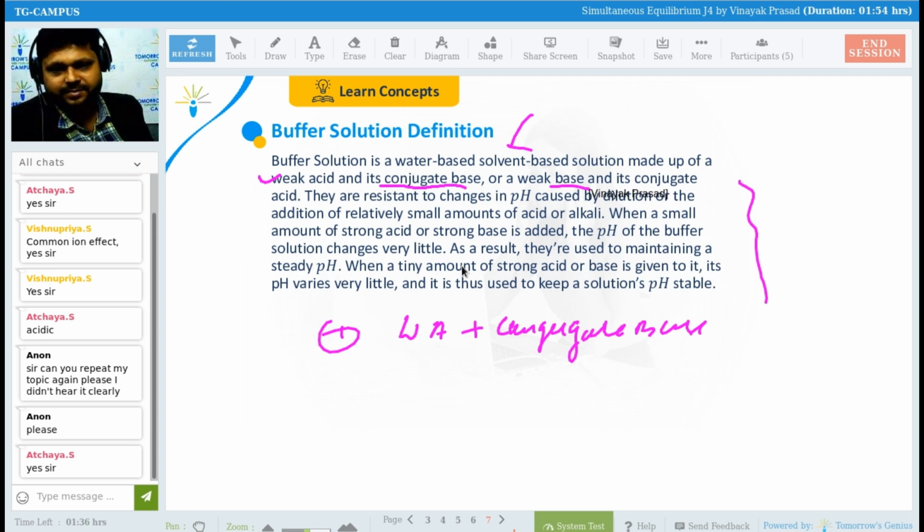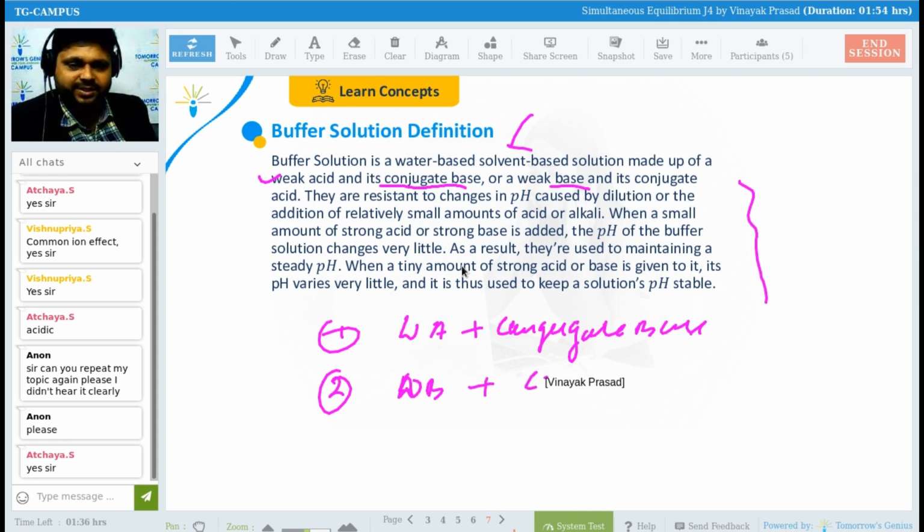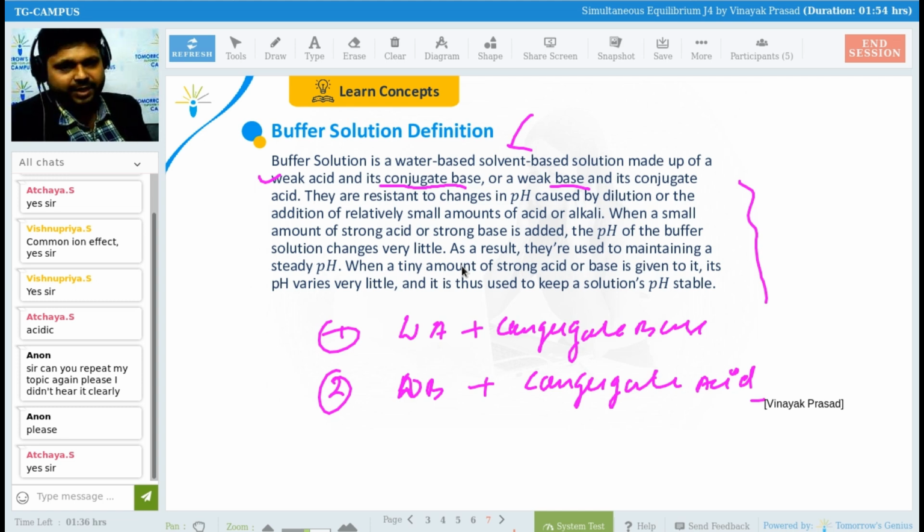Or a weak base. Now this time we are having what? Weak base and its conjugate acid. I will be giving you some examples as well. So first write these things. So how we can prepare the buffer solutions? So first of all, what? Weak acids and conjugate base, or weak base and its conjugate acids.